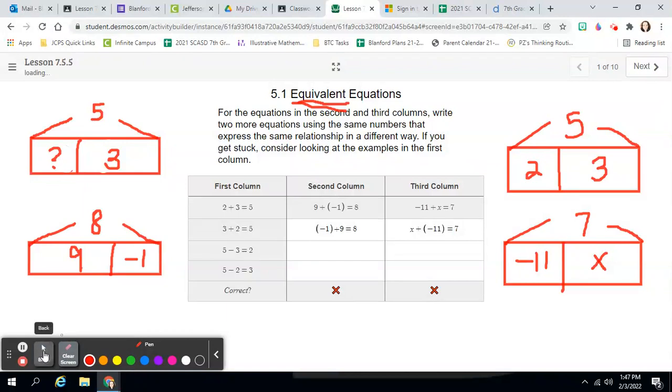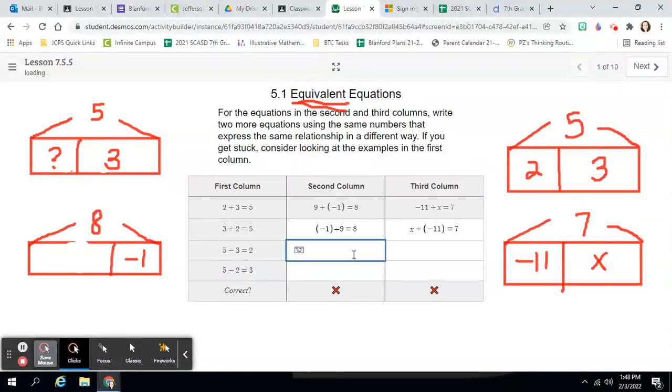So that means they're telling us that if we know 8, if we don't have this 9 here, how would we find out what that 9 is? Well, if we take 8 and we get rid of this amount, we're going to be left with this piece here. So that would be 8 minus negative 1 is 9, right? So we're going to put that in. So it's 8 minus negative 1 equals 9, right?